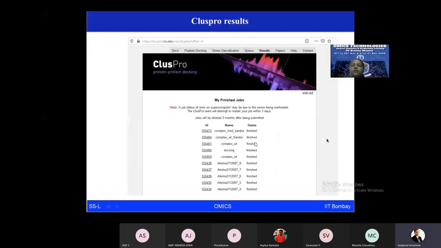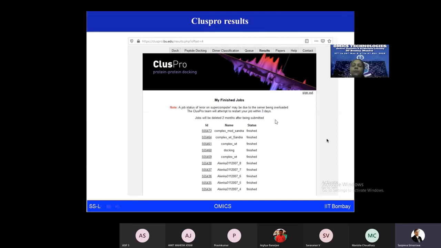Once the job is completed, it will come under my finished jobs, and we can see that our docking job got over and it says finished. This server will keep the information about all the analyses only for 3 days, after which it will delete all the information from the servers.